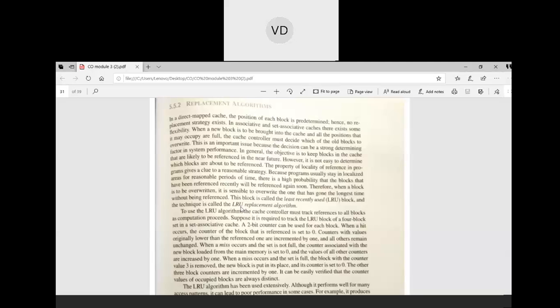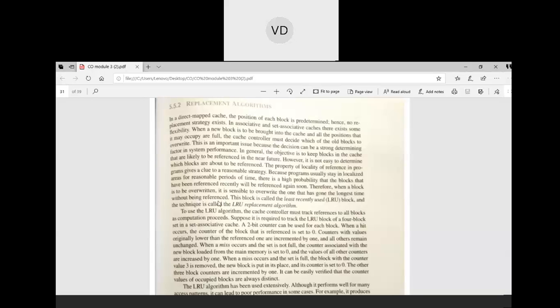Least recently used means what? Overwrite the one that has gone the longest time without being referenced. That block is present in the cache memory, but it has not been used for a long time. It is referenced the least number of times.